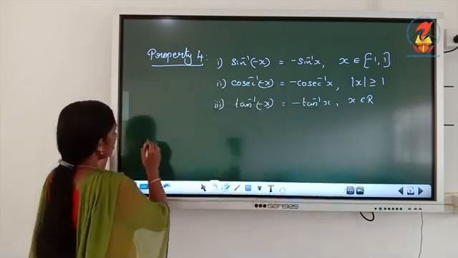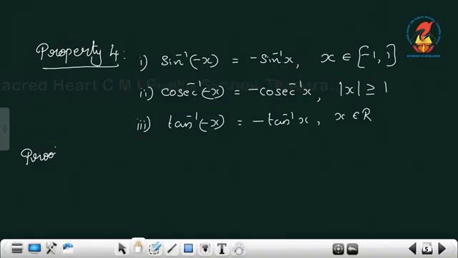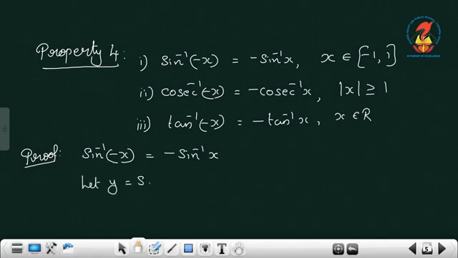Now the proof is there. First one, sin inverse minus x is equal to minus sin inverse x. We have to prove this. So let y is equal to sin inverse minus x. Okay. So what is sin y? Sin y is minus x, or x is equal to minus of sin y.